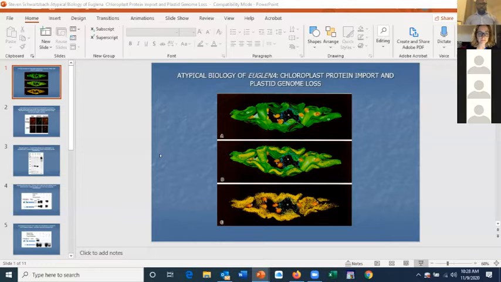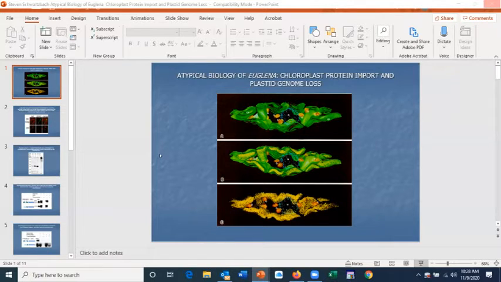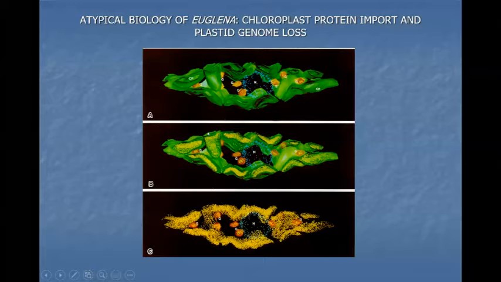But what I'm going to talk about are two areas in Euglena that basically show Euglena does things differently. Okay, this first slide is a 3D immunoelectron microscopy reconstruction of the Euglena cell, which was done by Tetsuo Sakuno, a valued colleague and friend who is no longer with us.